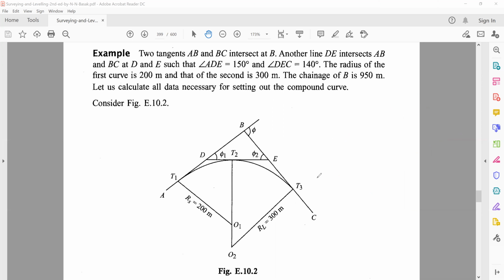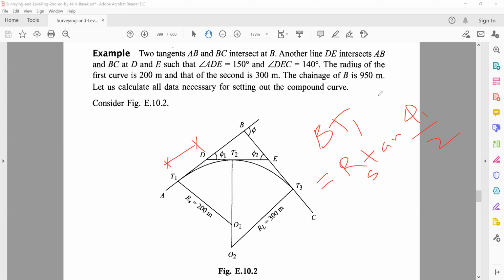So for that, the equation that we used before, the length BT1 would be equal to this distance, which is basically the tangent length of the simple circular curve, which you remember is R into tan phi by 2. So if we convert it in terms of the smaller curve, the curve with the radius 200 meters, denoting its radius with RS, which means the radius of the smaller curve, this would become RS into tan phi 1 by 2.